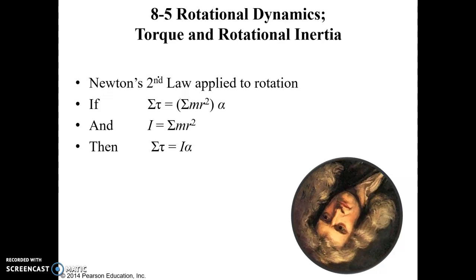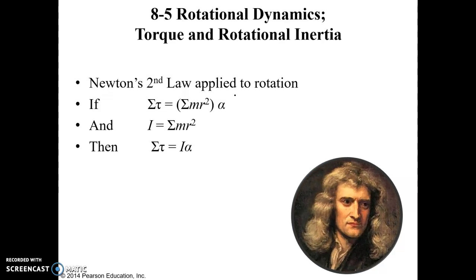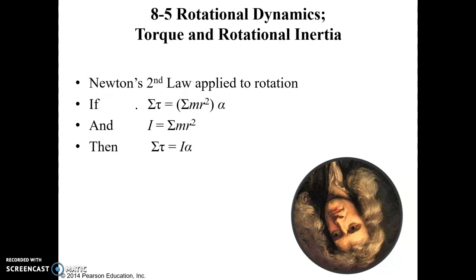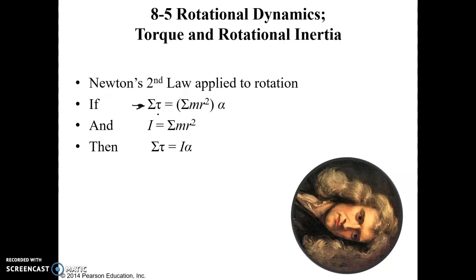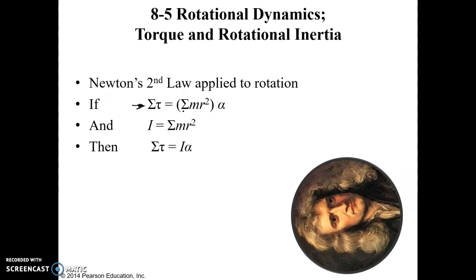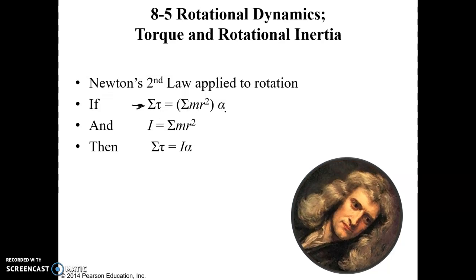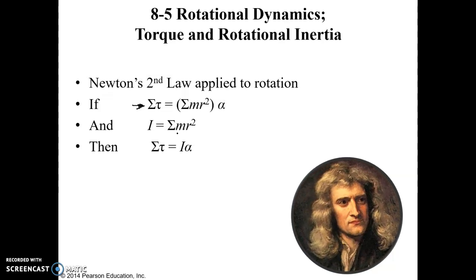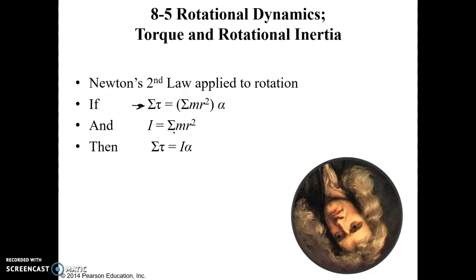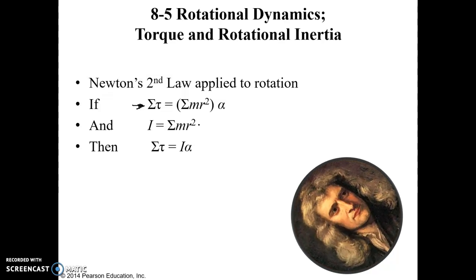All right, let's do some more of this little substitution game here. We had said in a previous video, or a previous slide in this presentation, that the sum of torque is equal to the sum of mr squared times alpha. And generically speaking, the moment of inertia is equal to the sum of mr squared.